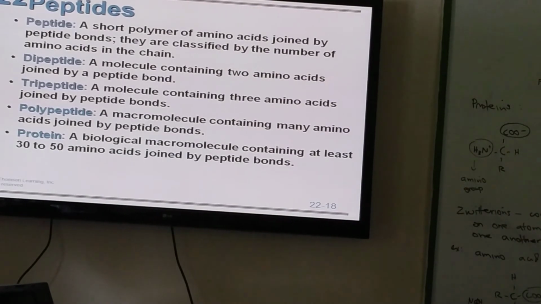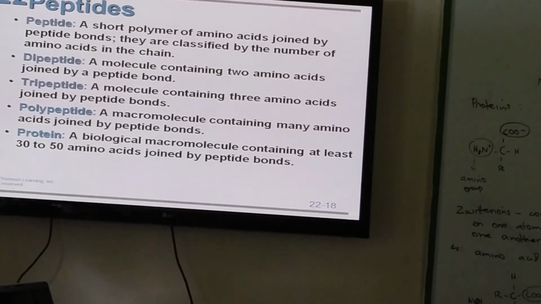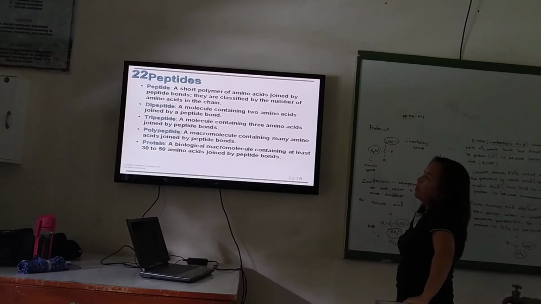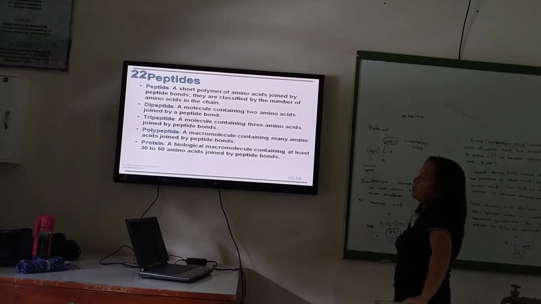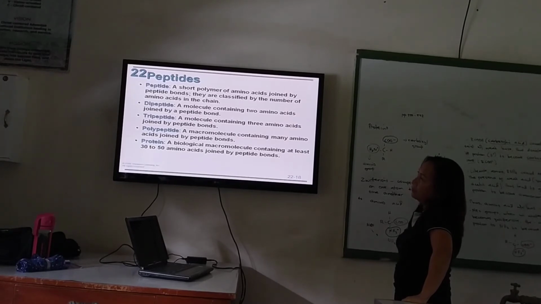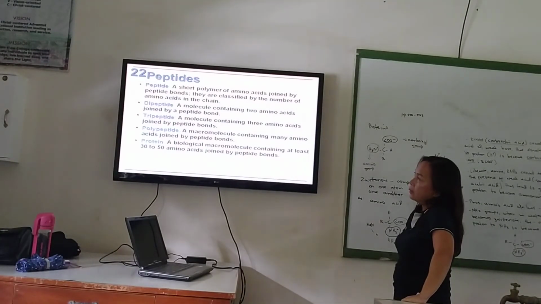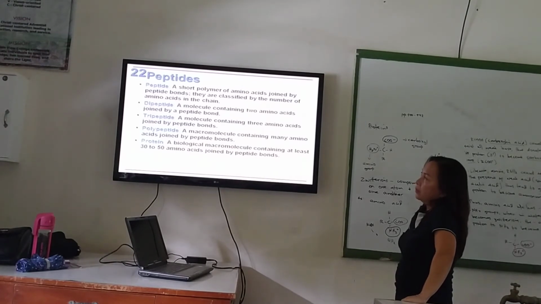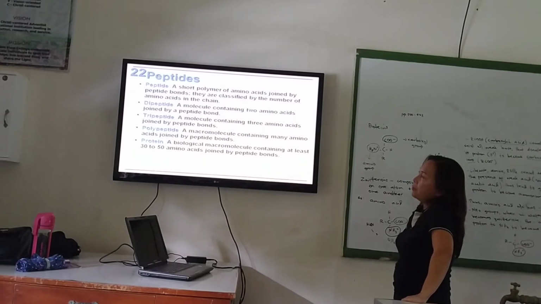So these are the different peptides. A short polymer of amino acids joined by peptide bonds is classified by the number of amino acids in the chain. Di means there are two amino acids joined by a peptide bond, so we call that a dipeptide. Two amino acids, one peptide bond, is called a dipeptide. Okay, a tripeptide is a molecule containing three amino acids.